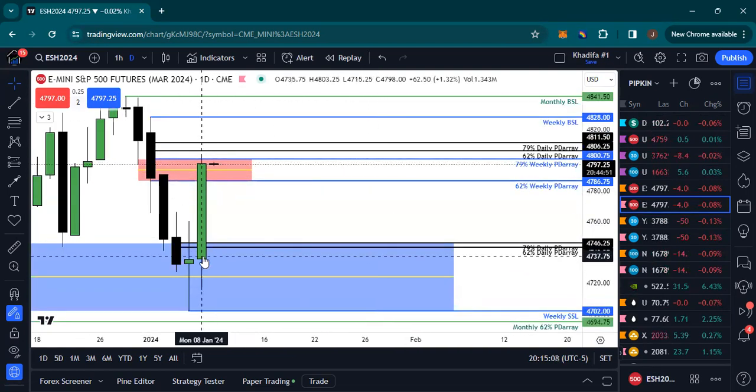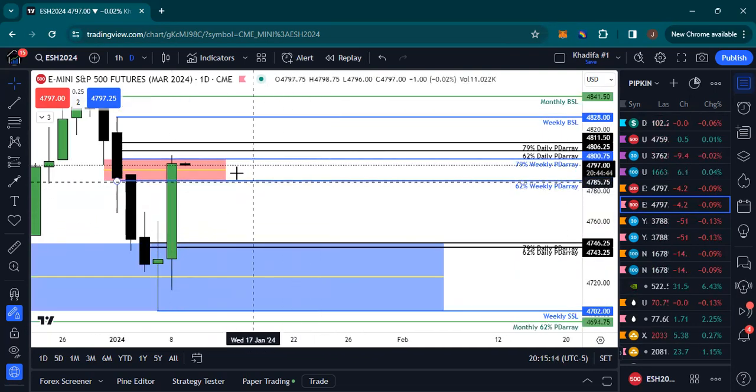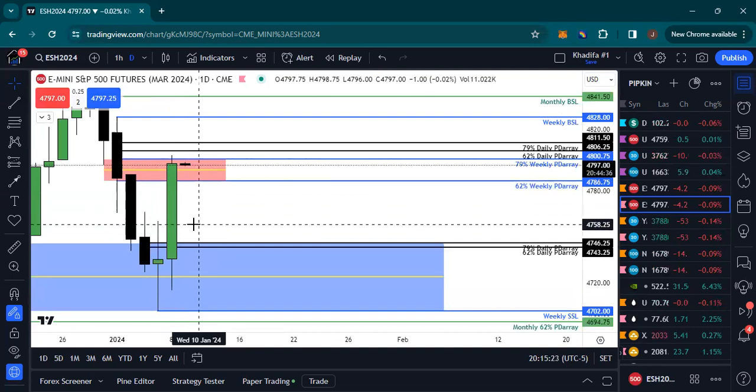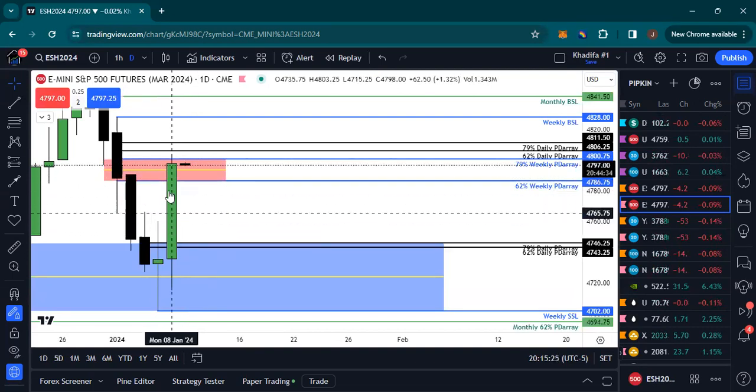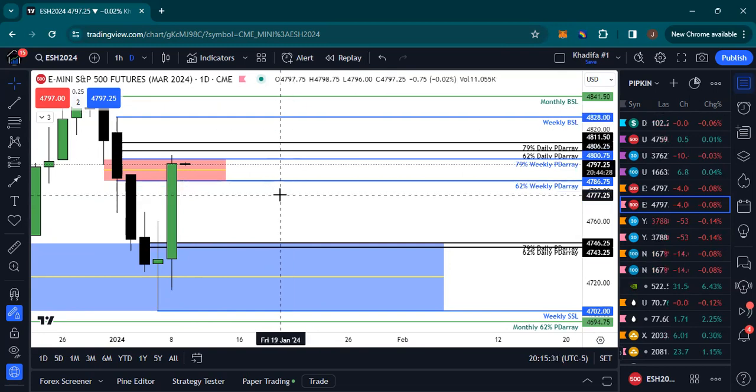However, we see price pushed higher today without engaging those levels. So for the rest of Asian and going to London, I anticipate price pulling back down into this level, into this imbalance. I'm sorry, and continuing higher, right?